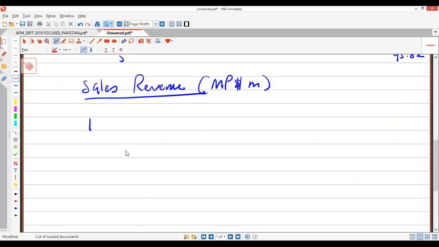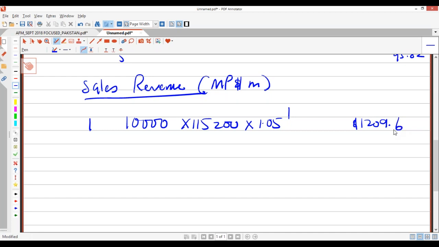Just show 1 year: 10,000 units or batch multiplied by 1,155,200. Careful, this is year 0 current price, so you need to multiply by 1.05 to the power of 1. It's going to give you something like 1209.6. You can put 1210, go ahead.